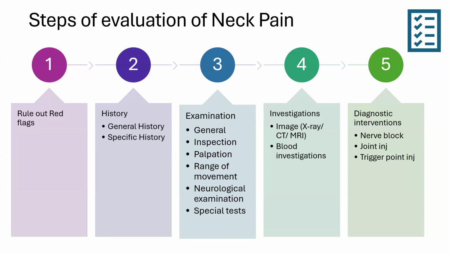Similarly, if there is a myofascial trigger point in one of the muscles. So what is a myofascial trigger point? Remember, as I told, in normal conditions the muscle does not have any pain generator. Usually, while doing any procedure, we give the local anesthetic in the skin and subcutaneous tissue, and then we put the needle. We do not go along the whole muscle and give local anesthetic, because the normal muscle does not have pain generators in it.